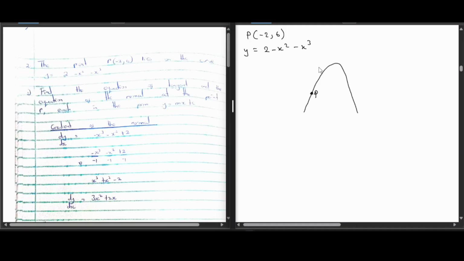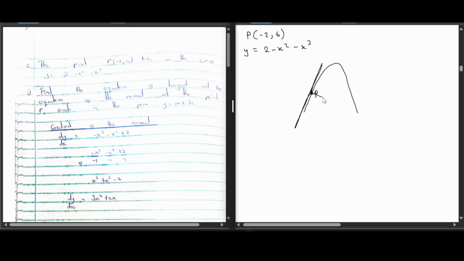At point P we draw the tangent. Forgive me, but this should be a straight line that touches the curve at this particular point P. So this is the tangent I draw. Then the normal is a line which meets the tangent perpendicularly, at 90 degrees.